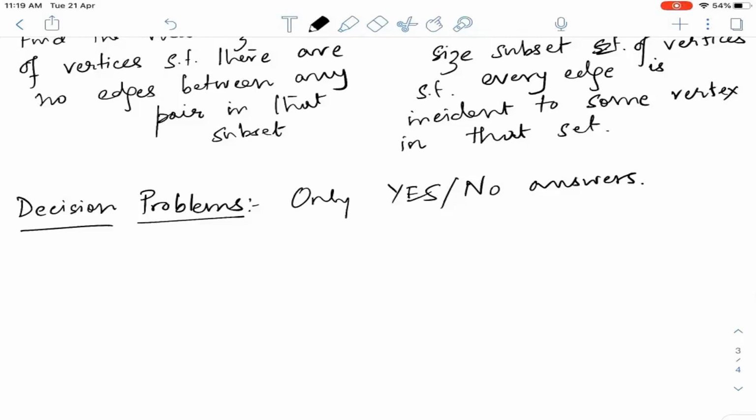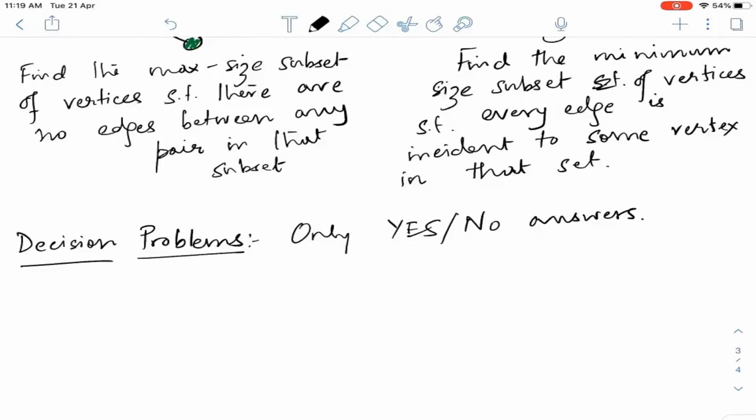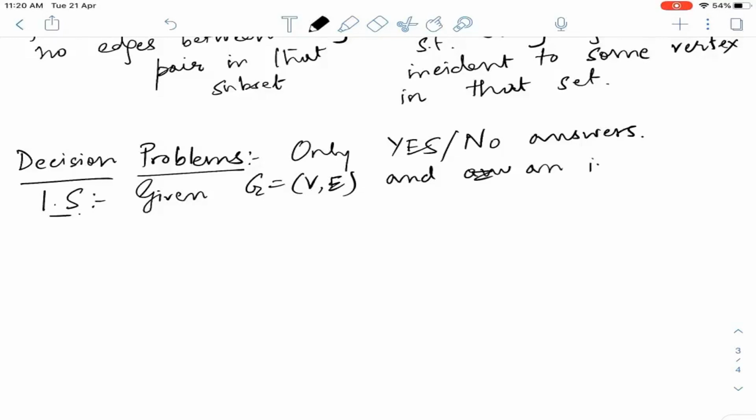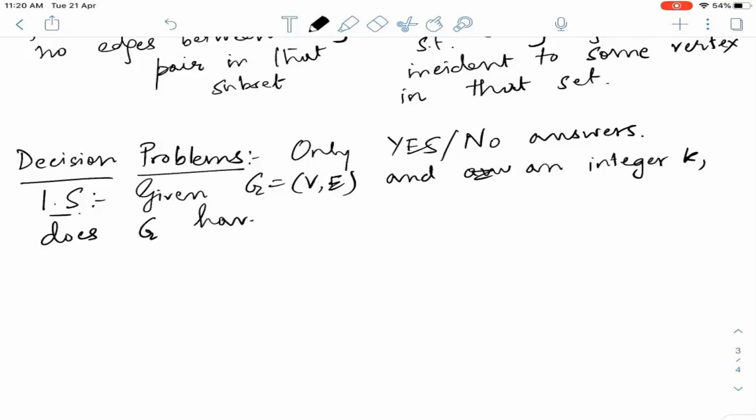Now it's not readily clear what the decision version of, let's say, the maximum independent set problem is. So let me give you that version. Independent set: given a graph G and an integer K, does G have an IS of size at least K?